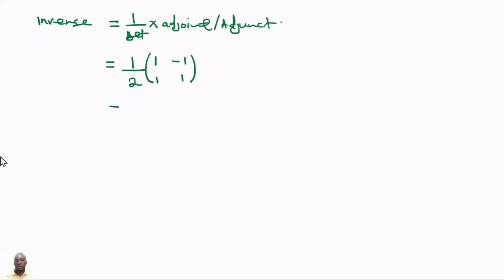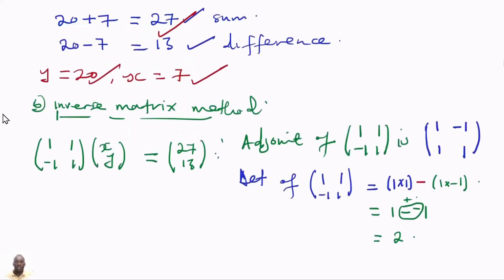So as we simplify, this is the same as having a half, negative a half, then a half. So now simply this becomes our inverse. Then the next step, what we are going to do, we are going to multiply the inverse by these equations.